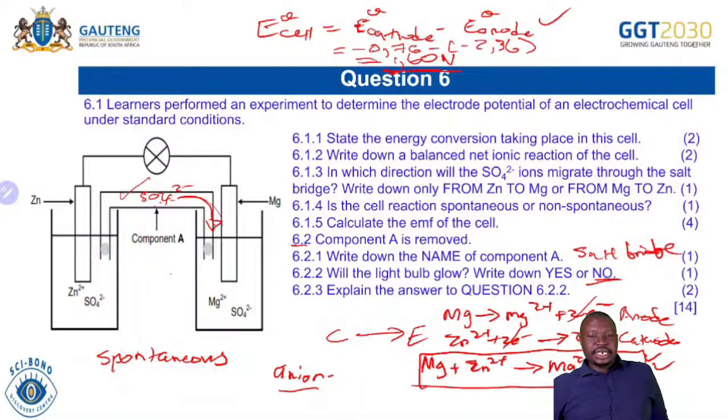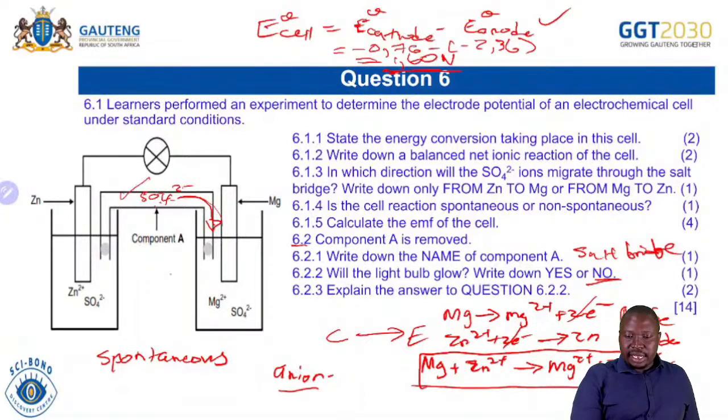So it's very important as well to remember that the anode, the one that loses electrons, must decrease in mass. The cathode, the one that gains electrons, must increase in mass. So you must know that the anode decreases in mass no matter which two substances you are given. The cathode will increase.